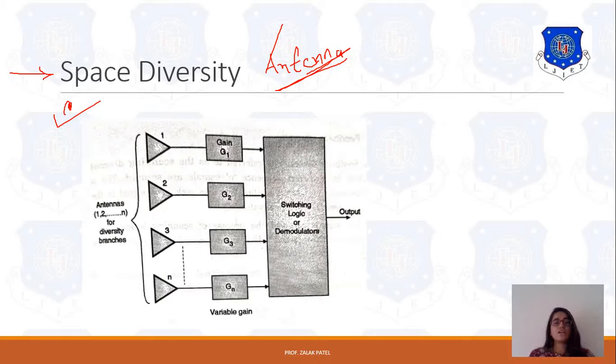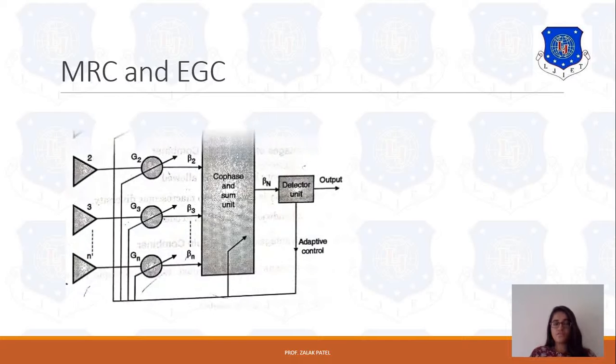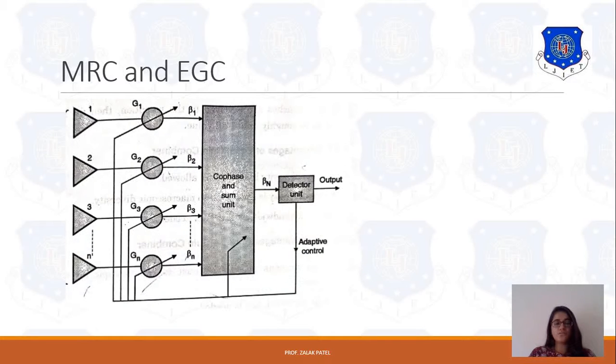The first one is MRC, meaning maximum ratio combining. In maximum ratio combining, again n number of antennas are there, and again the sum unit and demodulator are there, but the change is that here weighted factors are added, and because of these weighted factors, it provides feedback from this to this.